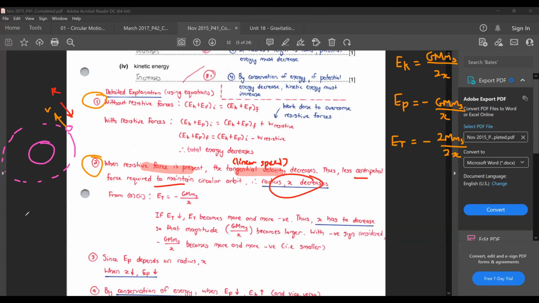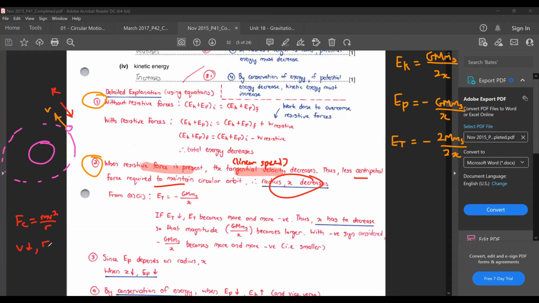decreases. Because you see, Fc is actually mv squared over r. Then after that, or rather Fc is m r omega squared. If I say that r drops, centripetal force. Oh, okay, yeah. Tangential velocity drops. Okay, it's because of this.